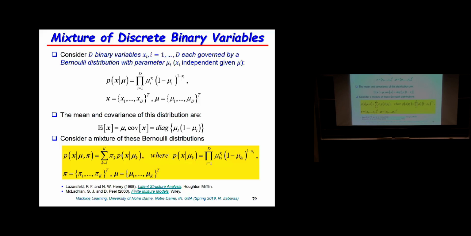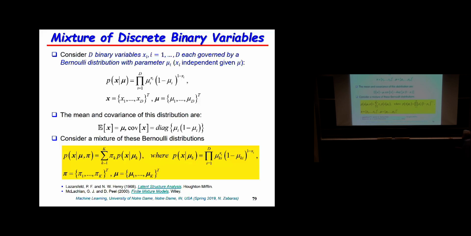If you really want to have binary variables and you want to correlate them, and you can think of infinite applications where that is the case, the only nice and easy way to do this is to take a mixture of those D binary variables. You construct, similarly to Gaussian mixtures, conditional distributions that look like the first equation.